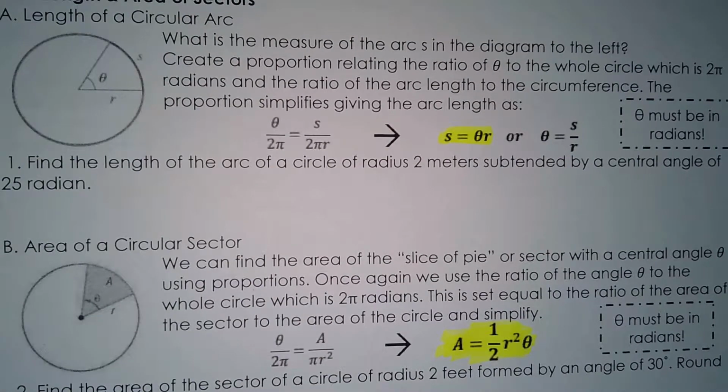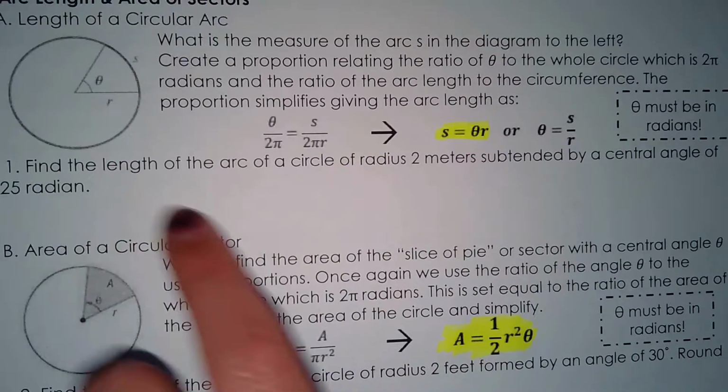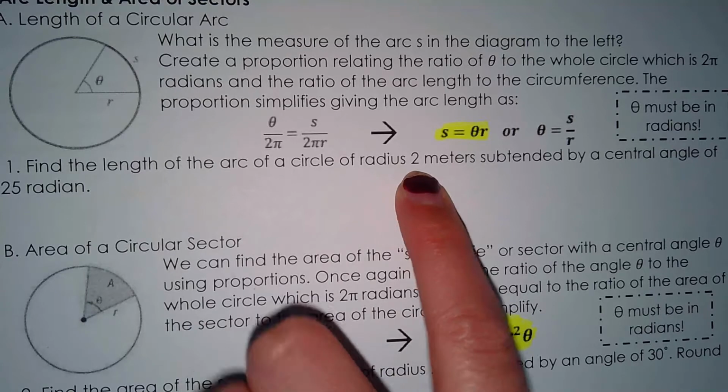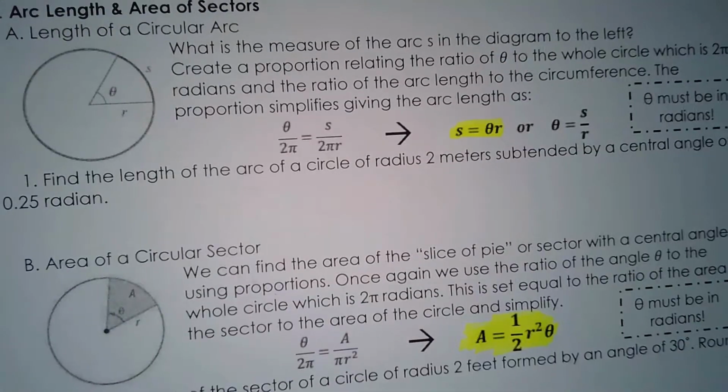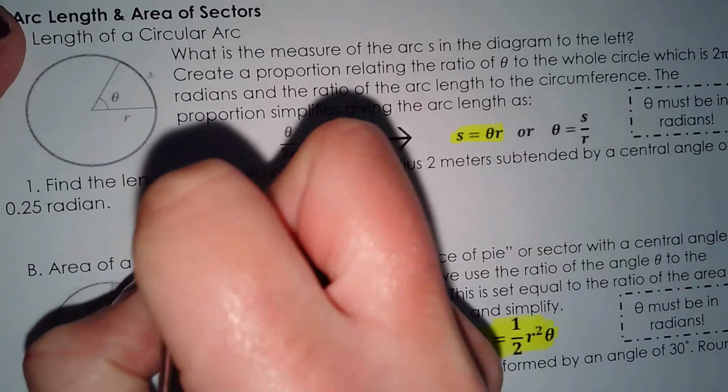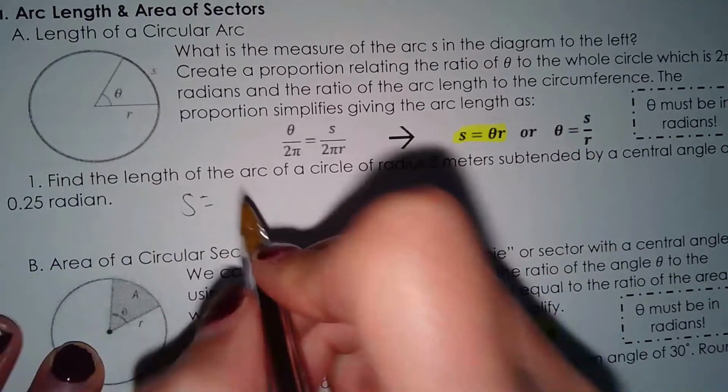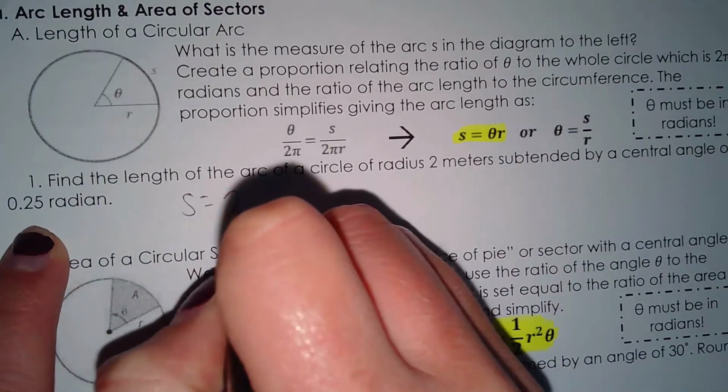So we'll just do these two examples and we'll be done. It wants us to find the length of the arc of a circle with a radius of 2, subtended by a central angle of 0.25 radians. That's just telling you that theta is 0.25 and r is 2. So plug that into your formula and we'll find our arc length. S is going to be 2 times 0.25.